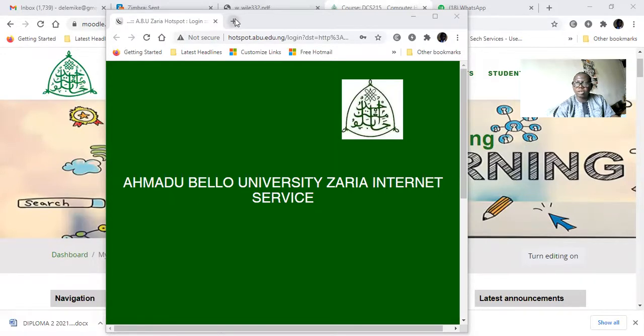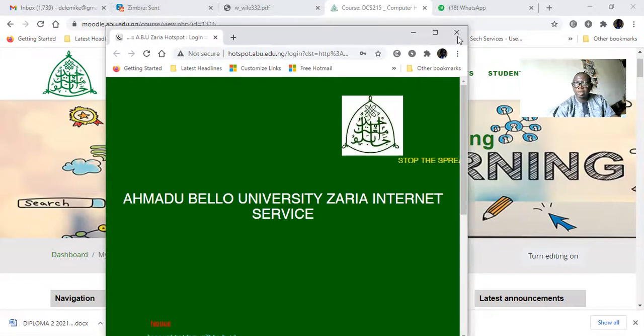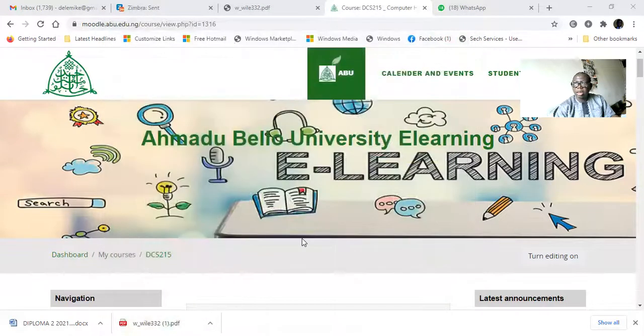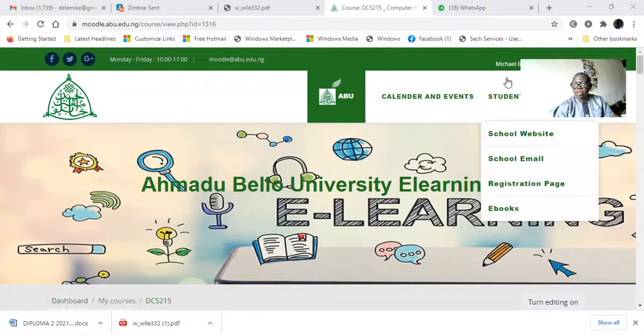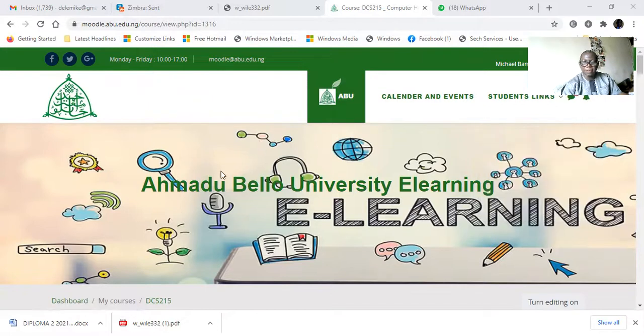I believe you are seeing my module portal now. This is module.abu.edu.ng. From here, you need to register with whatever you have registered with on the student portal.